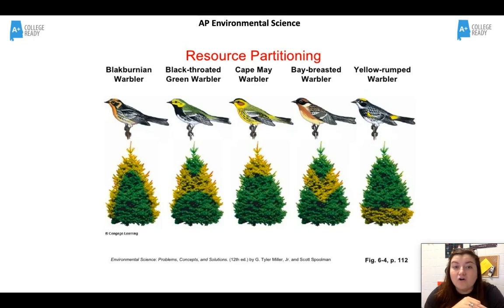They all utilize that tree. They all need something from that tree. But it's not like they're all going for the very top of the tree, so there's only enough for one particular kind of bird. They're all going for different parts of the tree, partitioning, right, to get the resources that they need so that they're not really in as much competition with these other guys. So they can all kind of exist more peacefully.